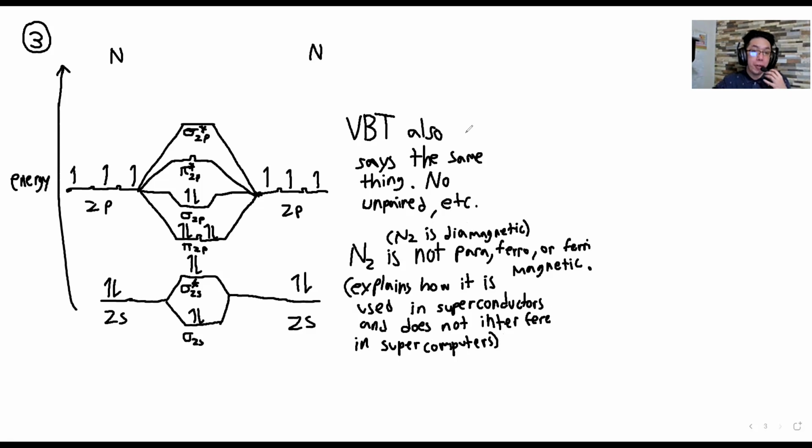Or you calculate the bond order as well. You're done, Josh?